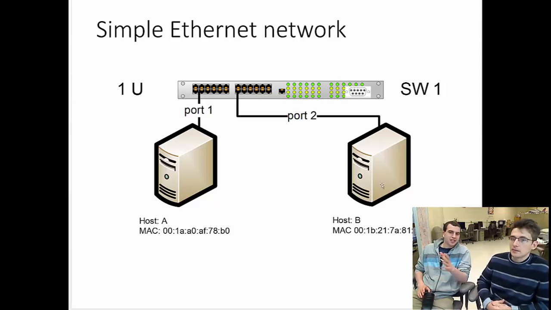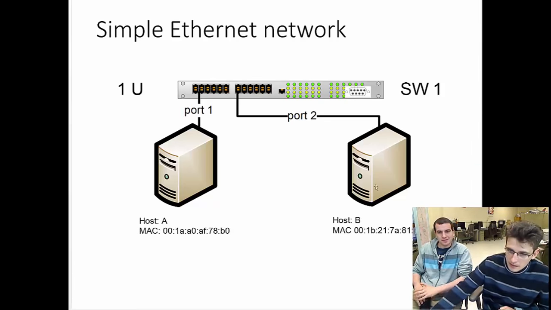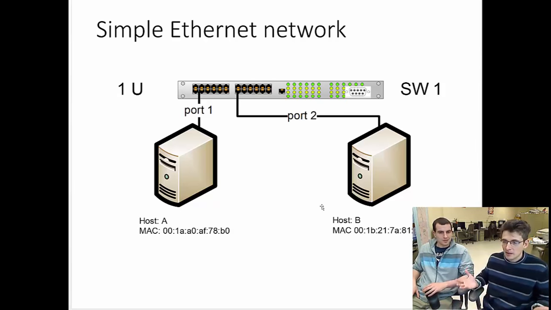So I guess an important distinction is not that the computer has a MAC, but that the network card has a MAC address. If you have two network cards, then you have two MAC addresses. And in the future you can simulate many MAC addresses. One card may have several MAC addresses. It can pretend to be someone else.